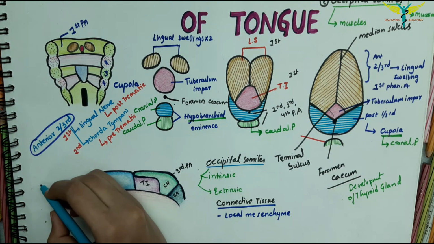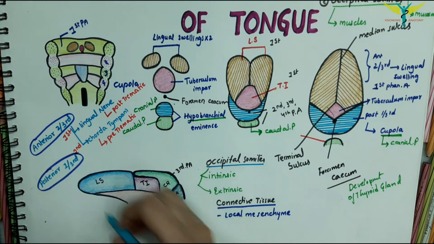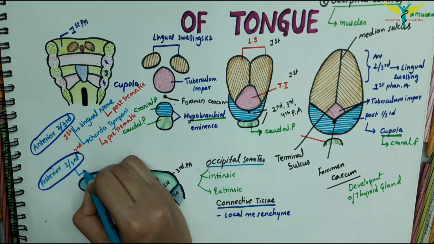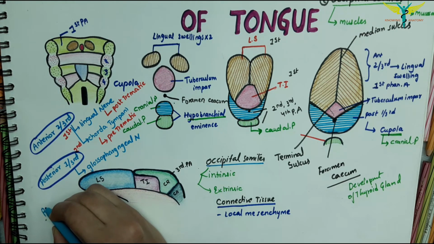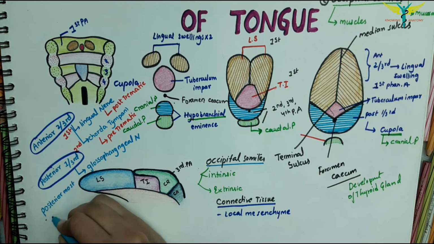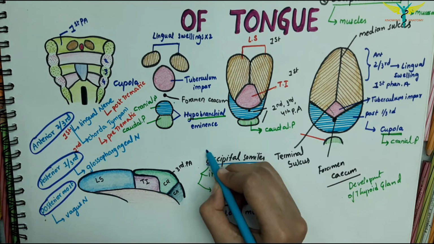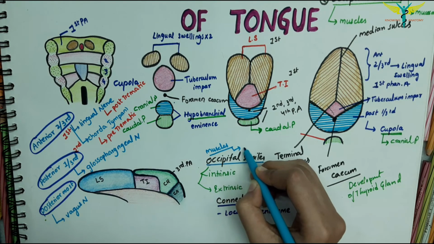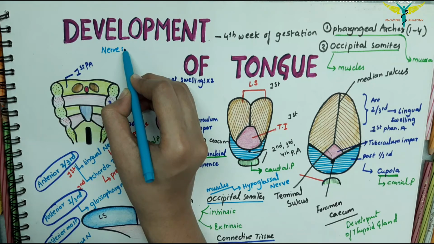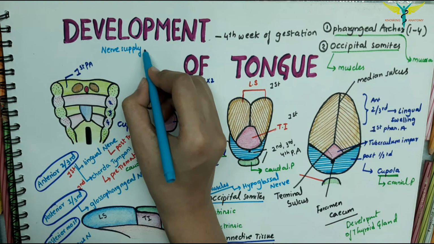The posterior one-third is supplied by the glossopharyngeal nerve, and the posterior most part is supplied by the vagus nerve. The muscles of the tongue are supplied by the hypoglossal nerve. So remember, the nerve supply is by the nerves 5, 7, 9 and 10.